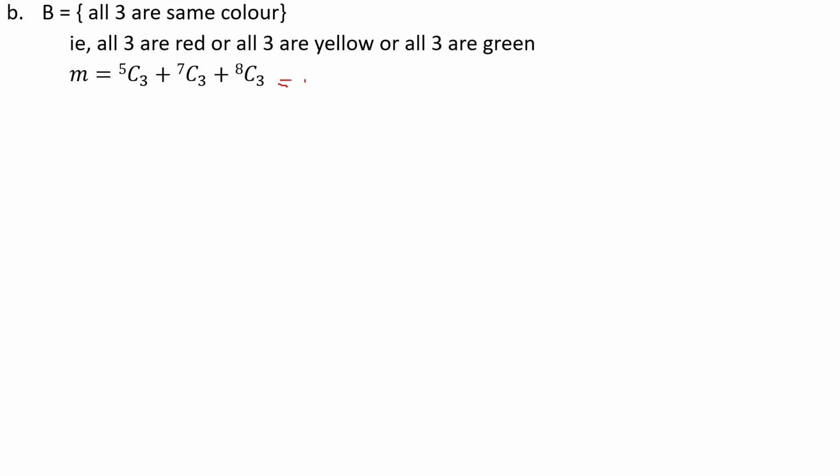5C3 is 5 factorial divided by 3 factorial into 2 factorial, plus 7 factorial divided by 3 factorial into 4 factorial, plus 8 factorial divided by 3 factorial into 5 factorial. So 5C3 will be 10.